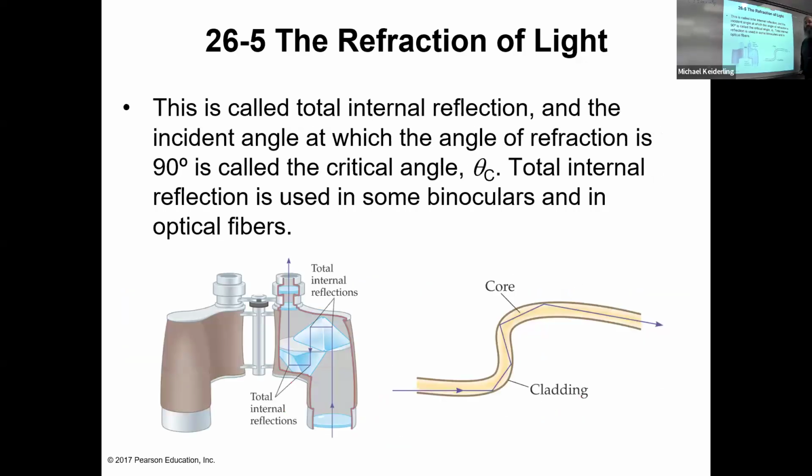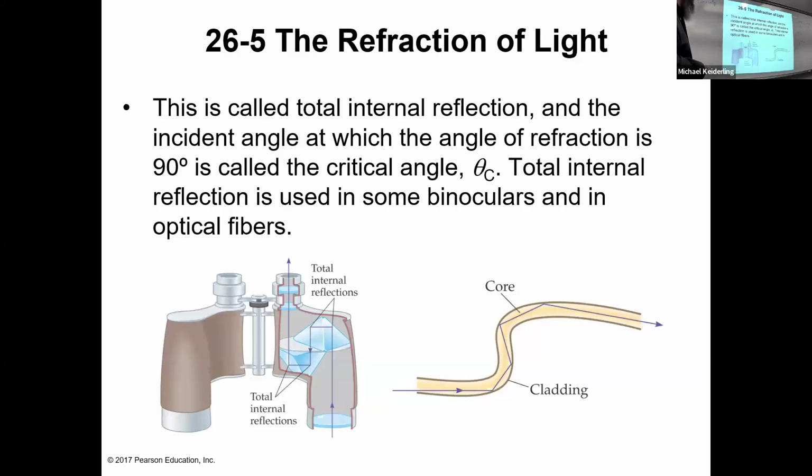And this effect, known as total internal reflection, is used in a number of things. It's used in binoculars with a couple of prisms to extend the effective length of the tube, so that you're choosing a longer length to bring light into focus than you might think.